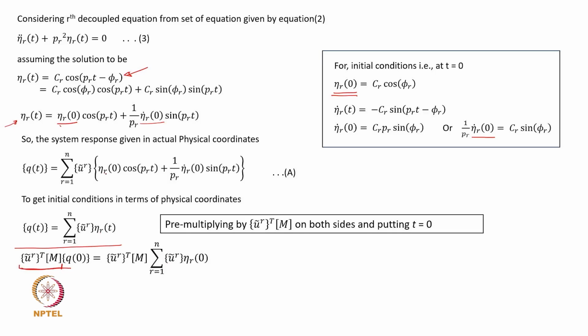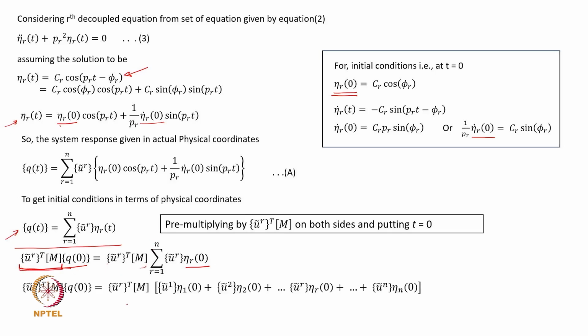for getting the initial conditions. Now, when you substitute t equal to 0 in this equation, you basically have the left hand side as q naught and the right hand side as eta r naught. The rest of the things are the same, except that now we are pre-multiplying the left hand side by u r tilde transpose M, and similarly on the right hand side, one can show that this summation is a series going up to u n tilde multiplied by eta n naught.